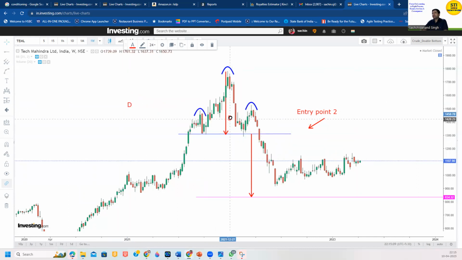If it happens, that means it is going to touch this line. I'm not claiming here, but just trying to help you understand that if somebody is taking a trade in Tech Mahindra, or maybe wants to, keep an eye that it might touch this price point also, though nobody knows when.